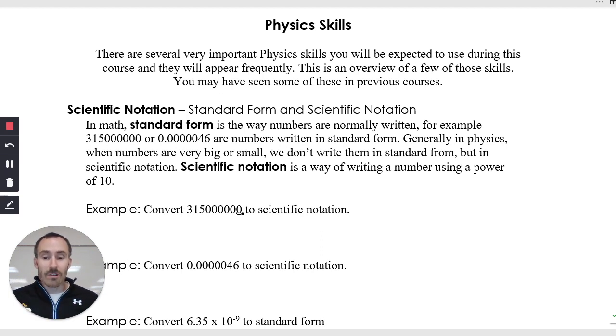So now it would look like 31,500,000 times 10 to the power of 1. So if I move the decimal place once, now I have stored that 10, that decimal place that I moved, as a power of 10. But writing this, what I've just written here, that's really no better than just writing standard form.